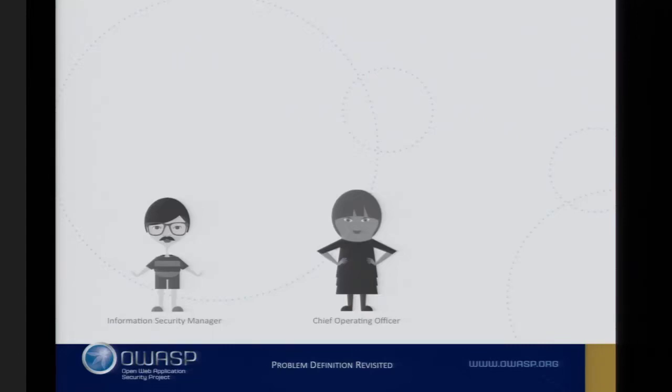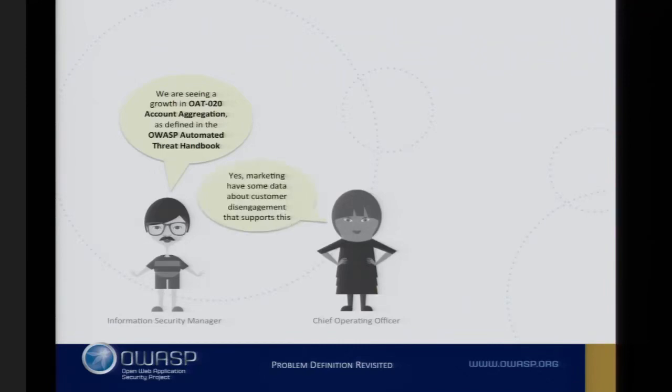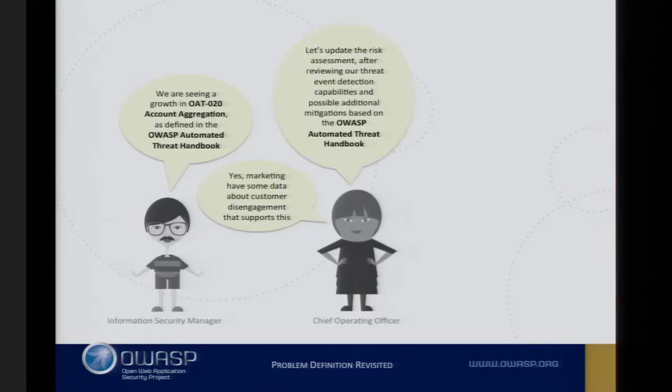And returning to my original slide with the Information Security Manager and the COO, perhaps now they can talk with some clarity by referencing particular threats in the ontology. Other parts of the business can then also reference these. Possibly even risk assessors can use information in the handbook to develop threat scenarios and look at what the impact is on the business.